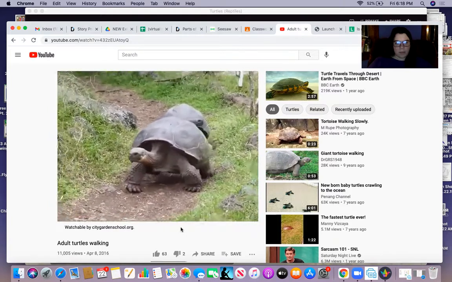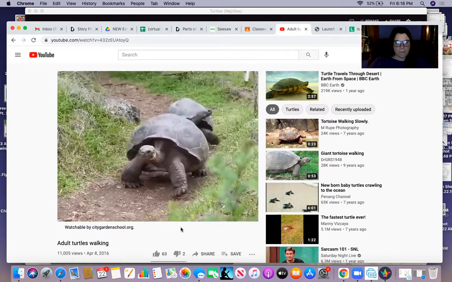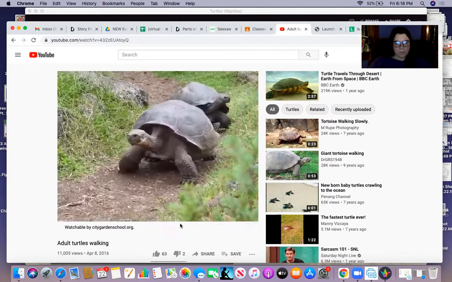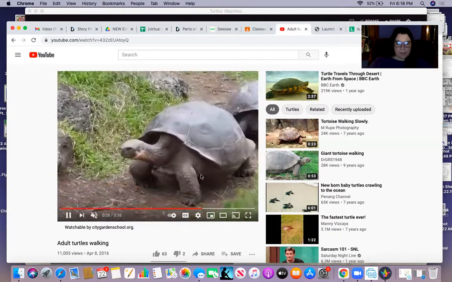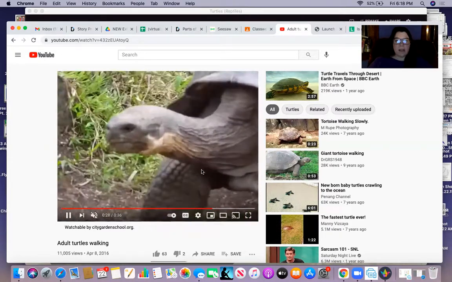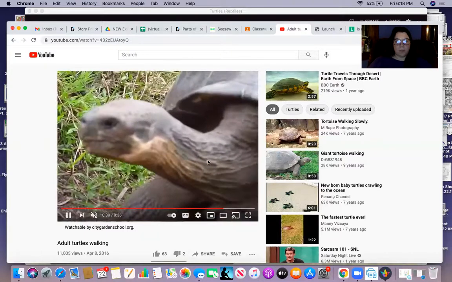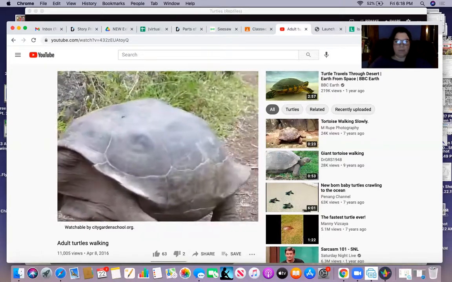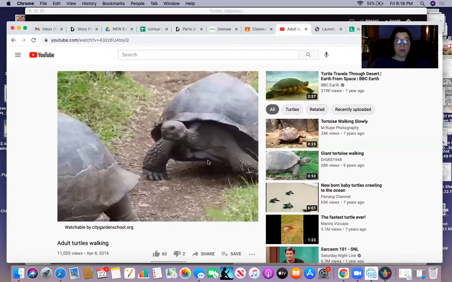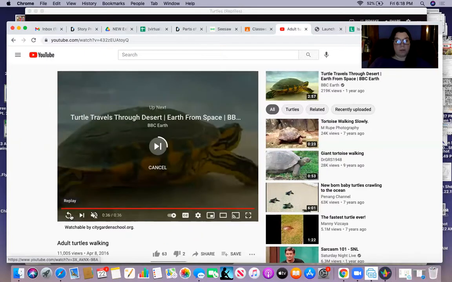Those legs pulling them forward. And you can kind of see here how the body is attached to the shell. It's not like a hermit crab where their body is independent of the shell and they can theoretically move in and out of the shell. The shell is part of their body.